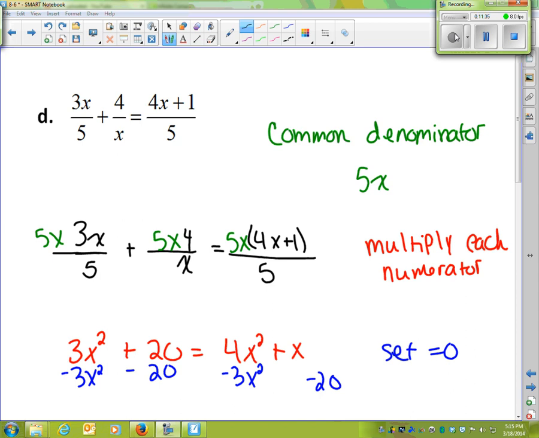All right, to walk you through this problem, or how I solved it, I found the common denominator, as we've done before, 5x. I multiplied each numerator by that 5x.